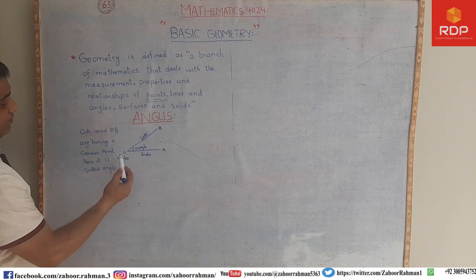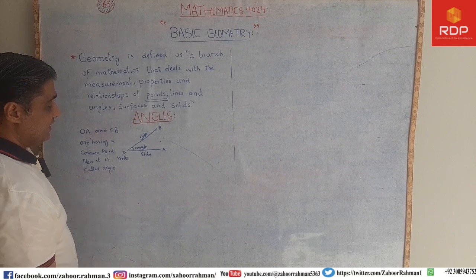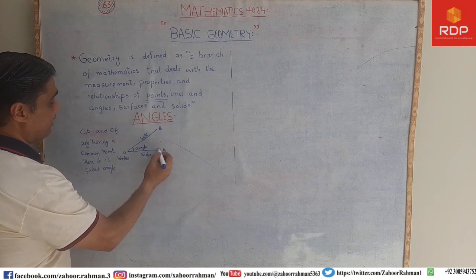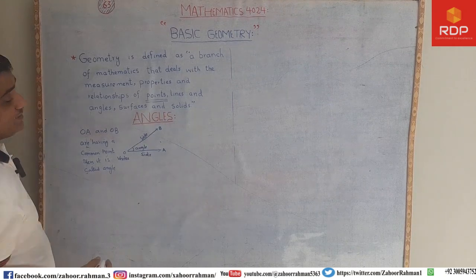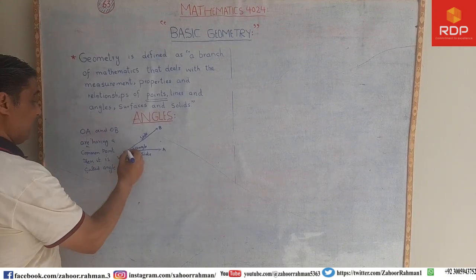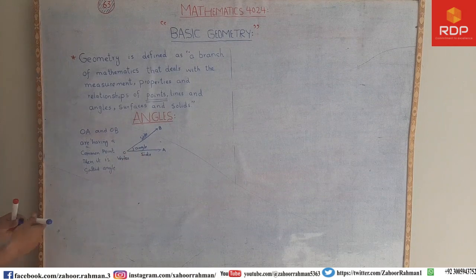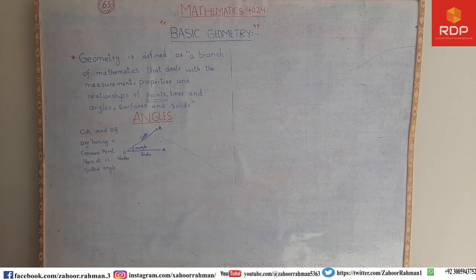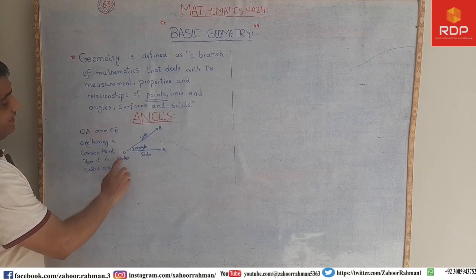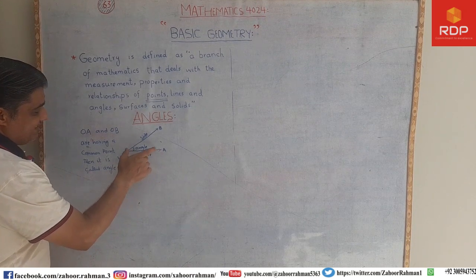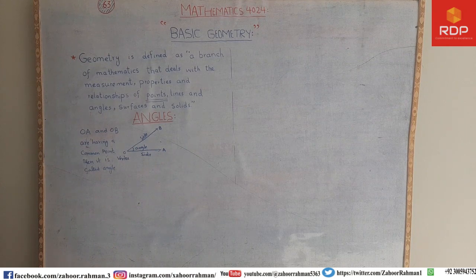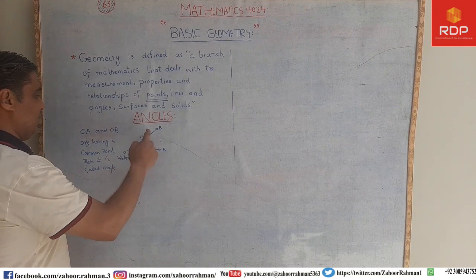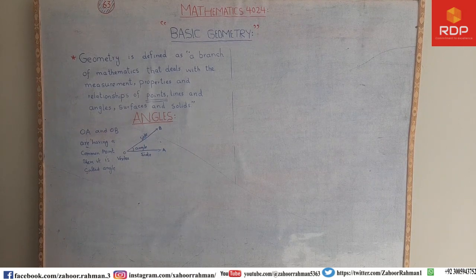You can see that OA and OB are two rays, and they are having this point as a common one, and we are denoting that by O, and technically it is known as vertex. This OA is called one side of the angle, and OB is called the other side of the angle.